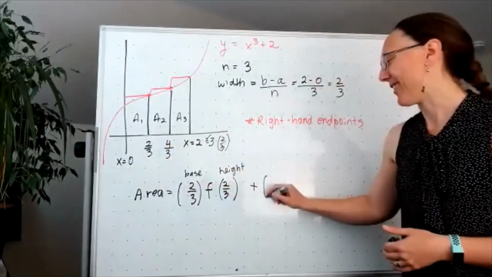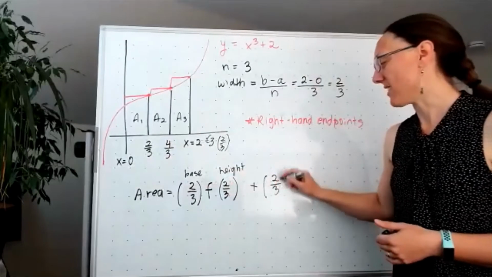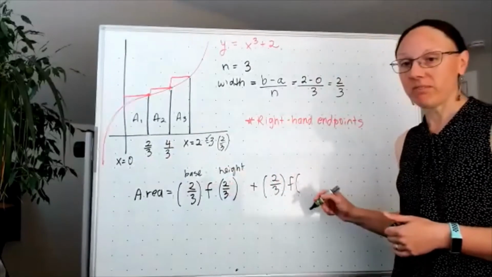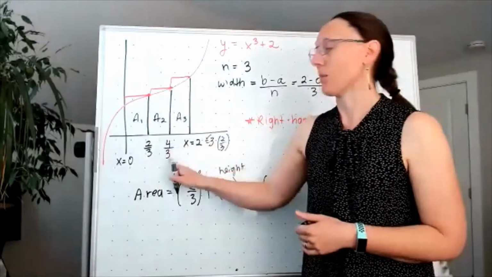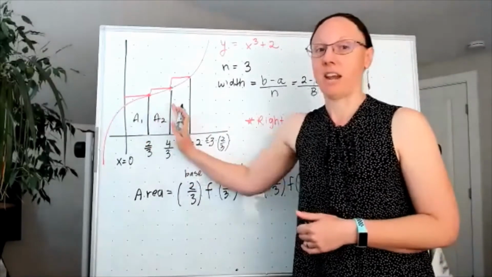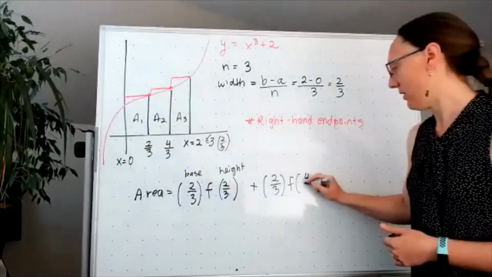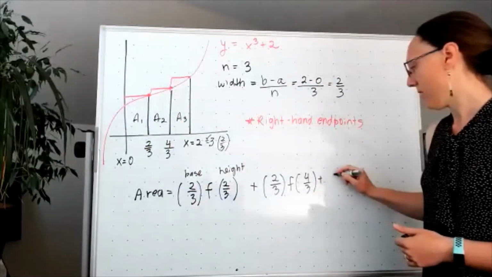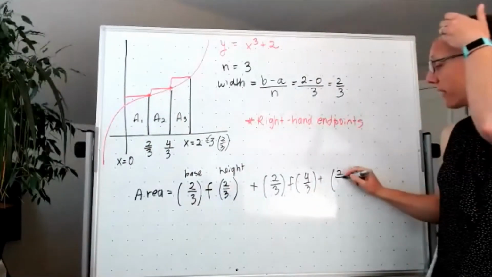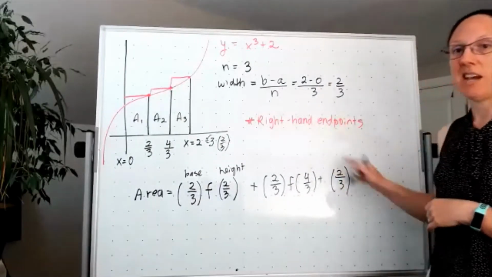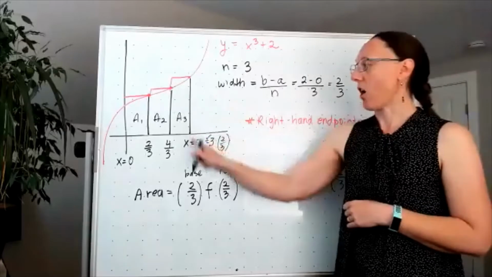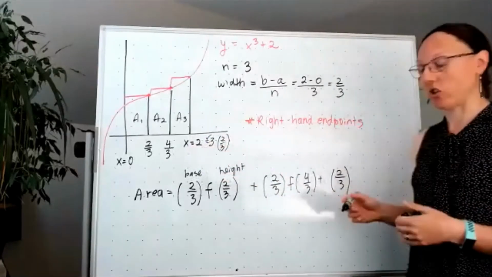Then for my next rectangle, again, my width is still 2/3. And my height is going to look like F of 4/3 because I'm using the right-hand side of the next interval. And then again, my width is 2/3 because I have an equal width for each of these. And my height on that last one is coming from plugging in X equals 2.